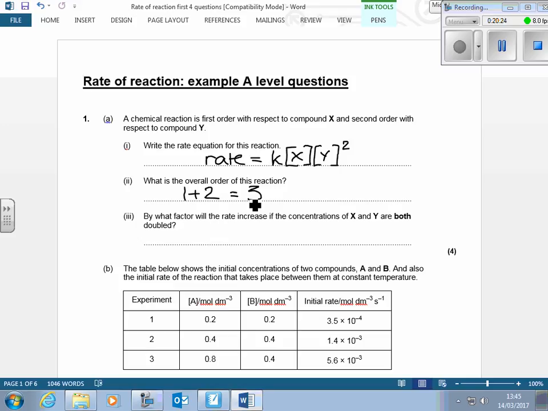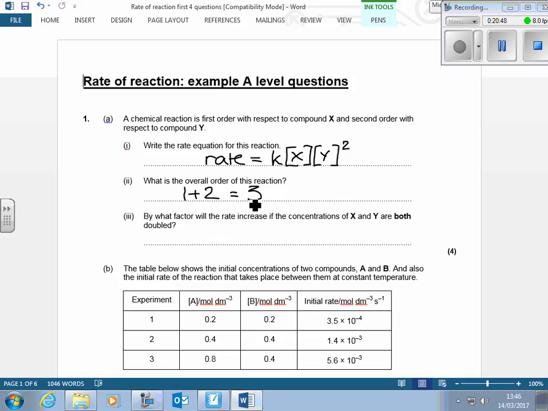By what factor will the rate increase if the concentrations of X and Y are both doubled? I don't know if they give us any working out on that one to guide you.